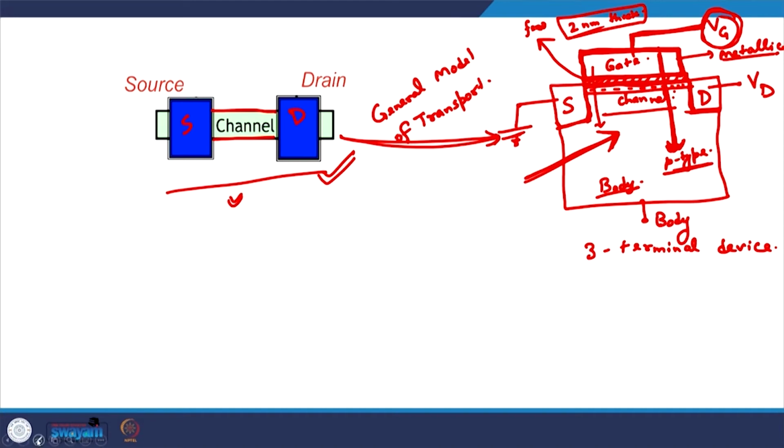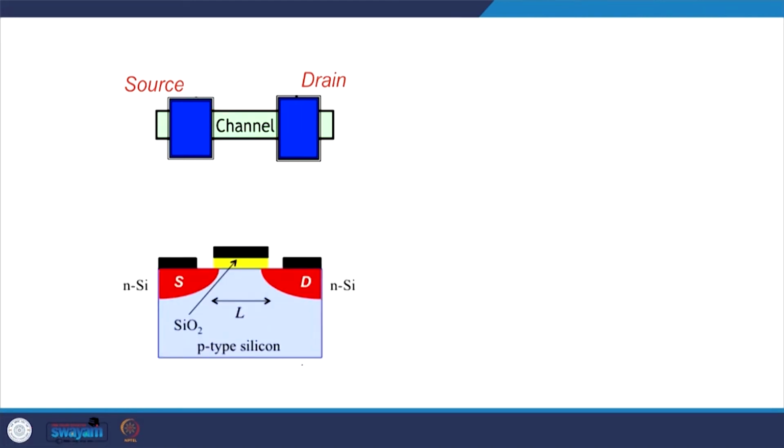So, this is how a MOSFET is generally drawn. This is a typical picture of a MOSFET. We might have a p-type semiconductor as the body of the MOSFET, and the source and the drain terminals are heavily doped n-type silicon. Between the source and the drain, this region is the channel region, where the channel will be formed.